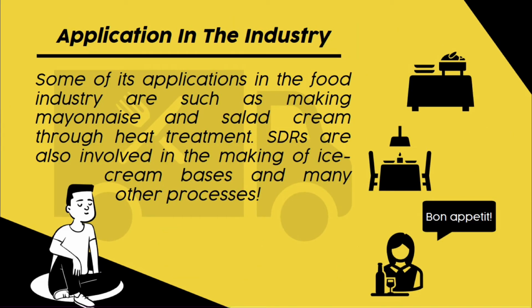Some of its applications in the food industry are making mayonnaise and synthetic cream through heat treatment. SDRs are also involved in the making of ice cream bases and many other processes. As a whole, the SDR is very versatile and efficient and can and should be applied in various industries. Thus concludes the description of the SDR. Thank you for your time. I will be passing to the next presenter.